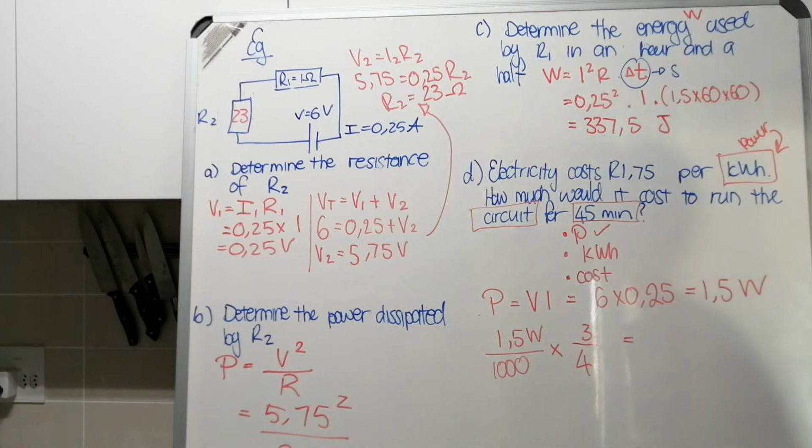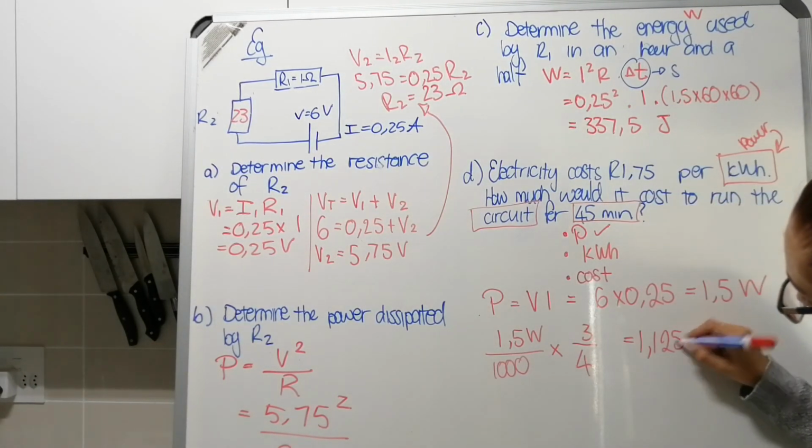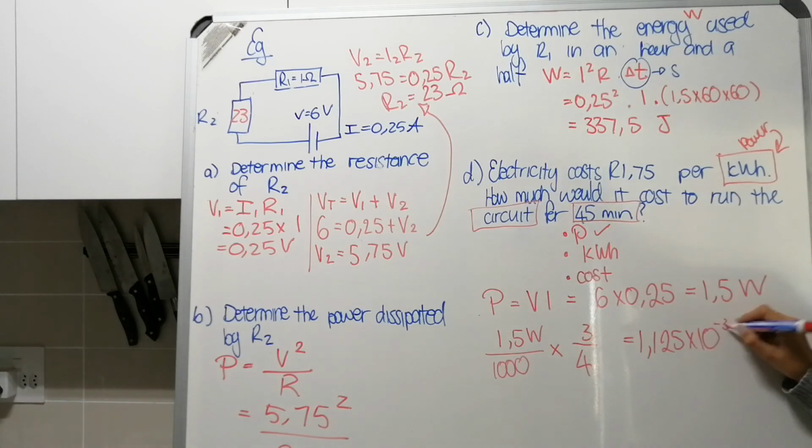And when we convert that, we get 1.125 times 10 to the minus 3. So very, very low electricity usage actually.